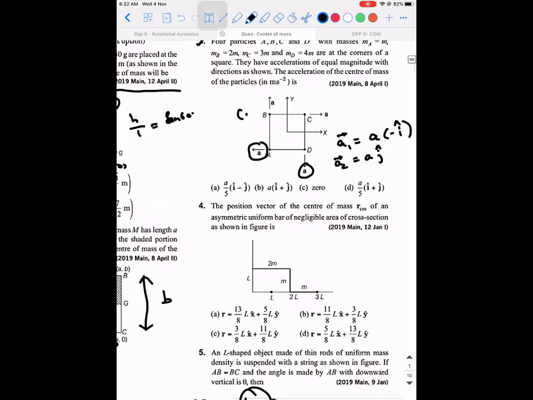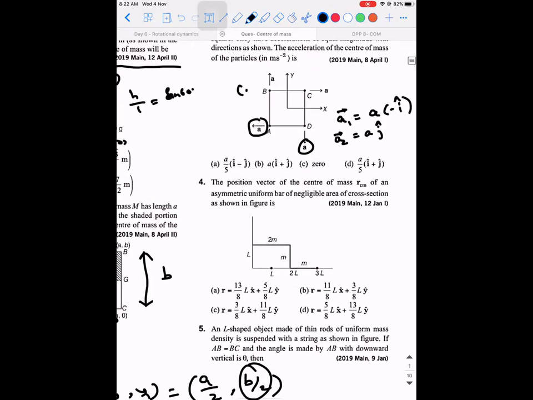Okay. Next, they're asking the position vector of the center of mass R of an asymmetric uniform bar of negligible area of cross section. So what is the idea? For 2m, consider its center of mass.